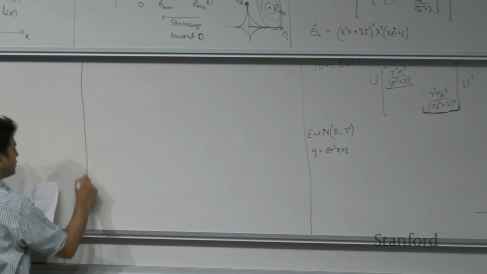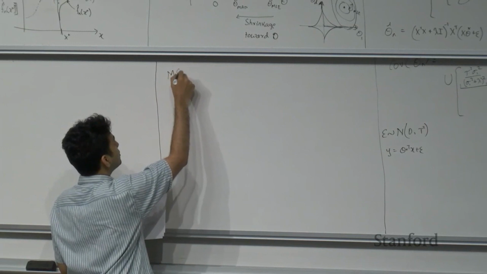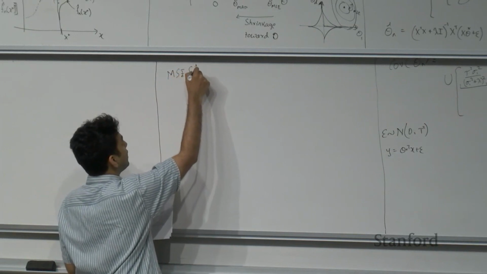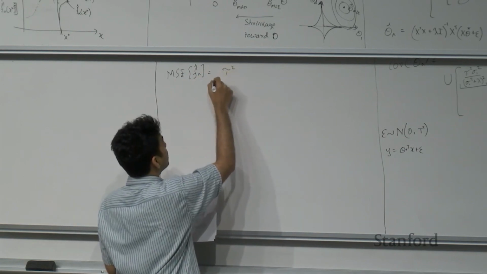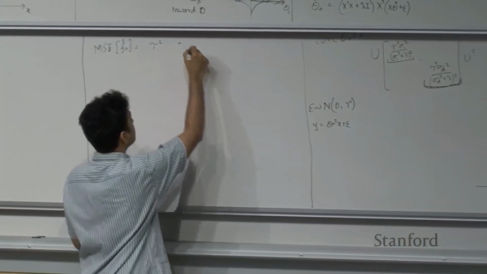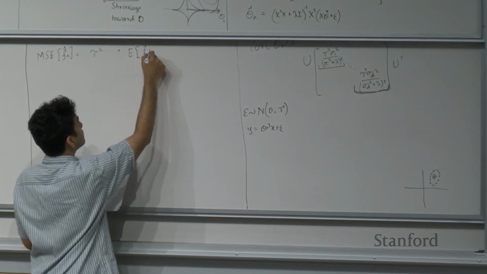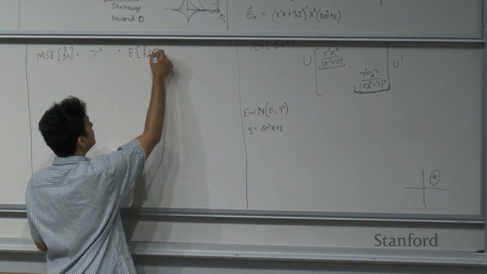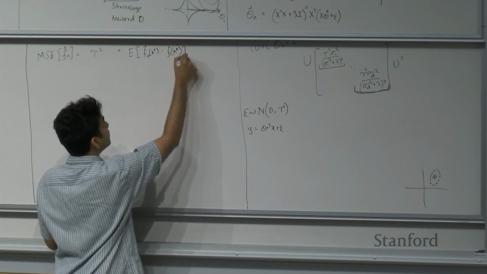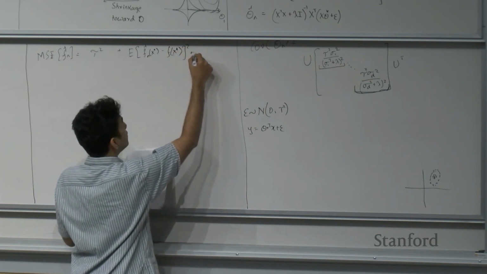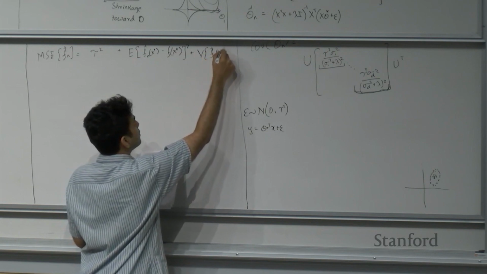let's recall the bias variance decomposition. The mean squared error of f hat n we saw was tau square plus the bias, meaning the expectation of f hat n of x star minus f of x star, the whole square, plus the variance of f hat n.